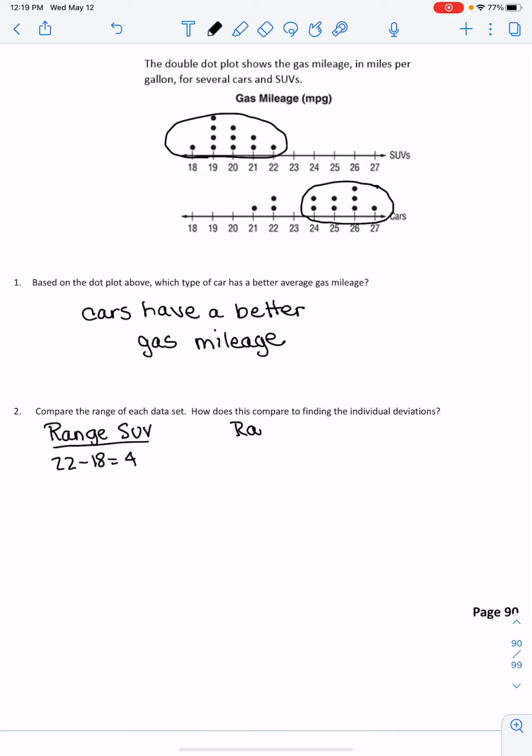The range of the car is from 27 to 21, which is 6. Okay. So in this, the cars have a larger range in the data set.